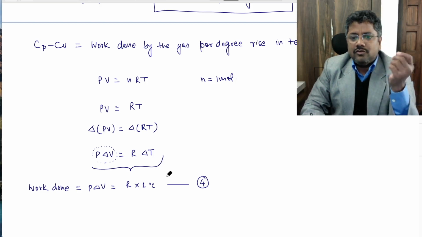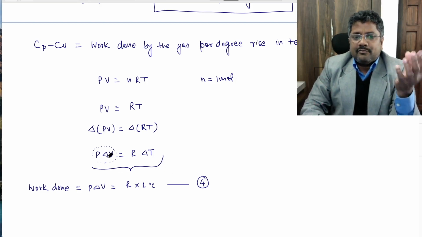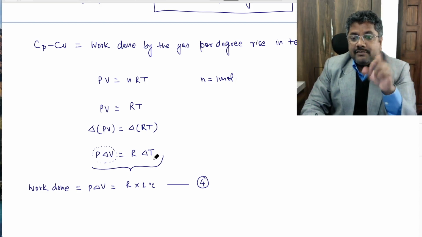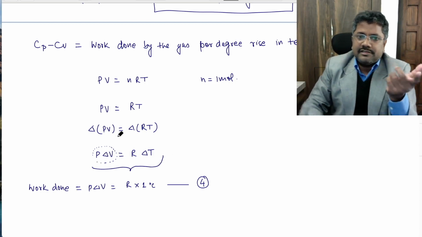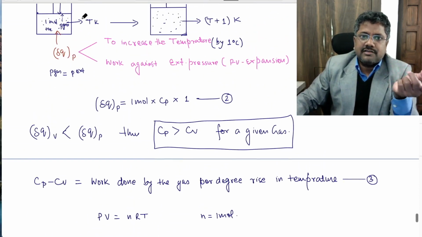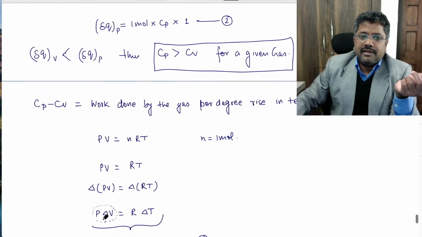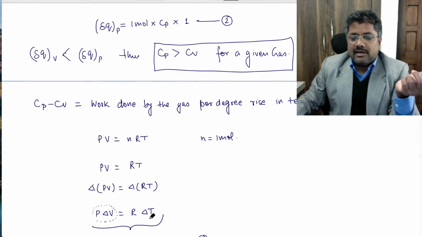So this is also a formula for calculation of work. If you do not know the pressure and volume change, but you have the temperature change, then you can put this. And you know this is a constant pressure condition, so here I am taking P delta V is equal to R delta T, n is equal to 1 mole.